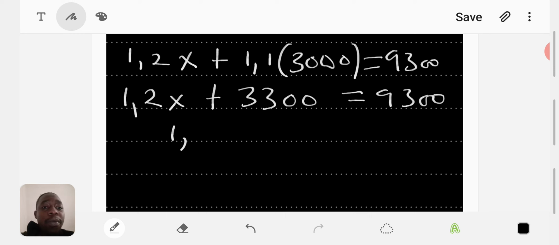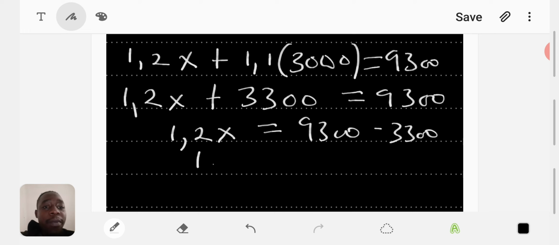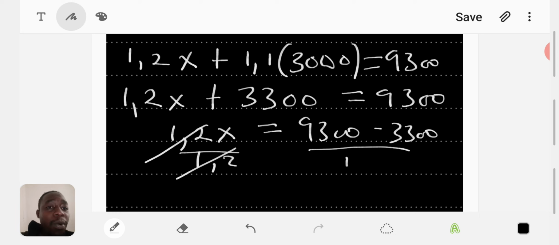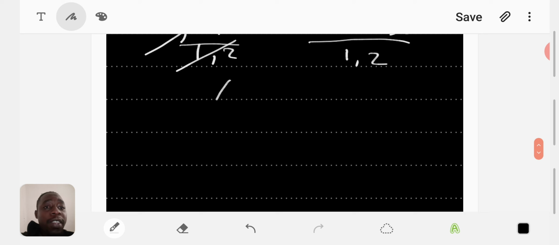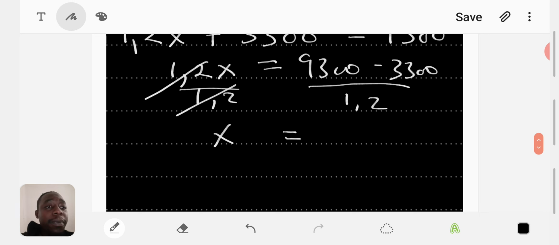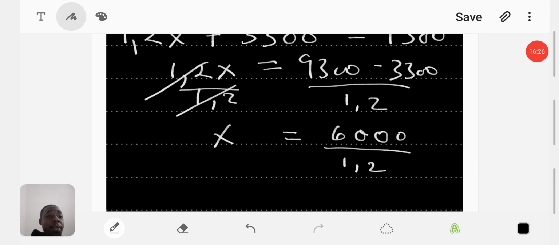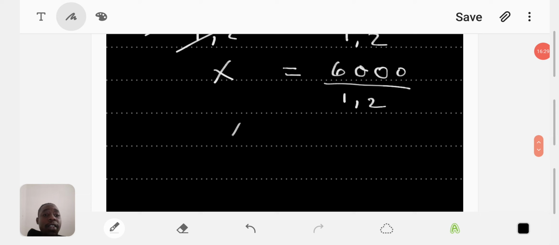Therefore 1.2x is equal to 9,300 minus 3,300, which is 6,000. Then x will be equal to 6,000 divided by 1.2, so x equals 5,000.